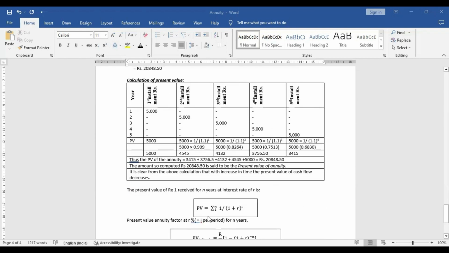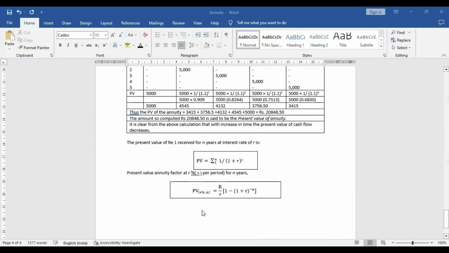This is the equation which I was trying to say: how to calculate the value of rupee 1 when it is going to depreciate at a specific rate of interest for n years itself. 1 upon (1 plus r) power n. And this is the formula that we are able to derive.